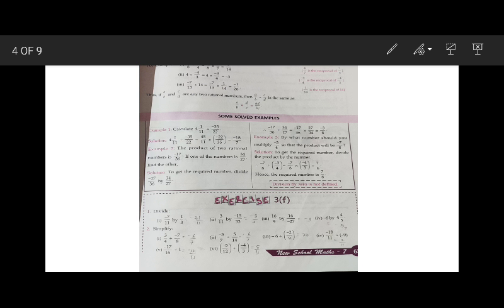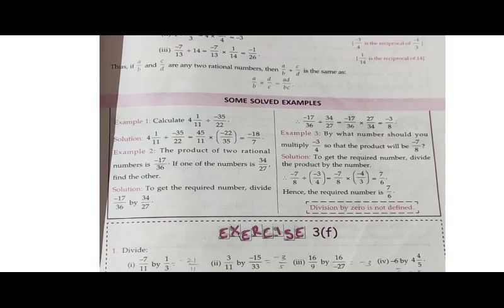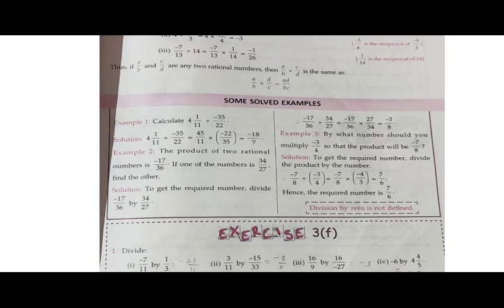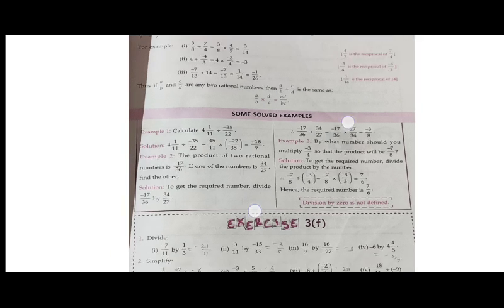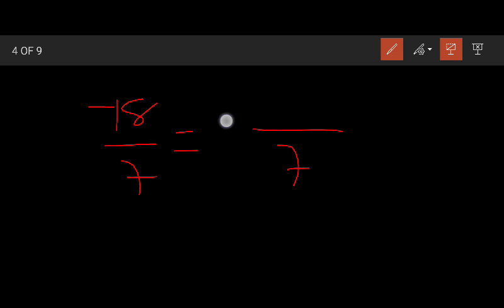Minus 18 by 7, see that. 7 2s are 14, so minus 18 by 7 is 14 and remainder 4.